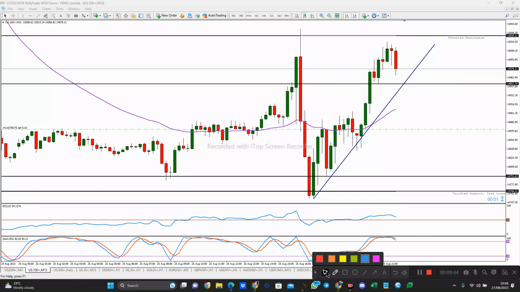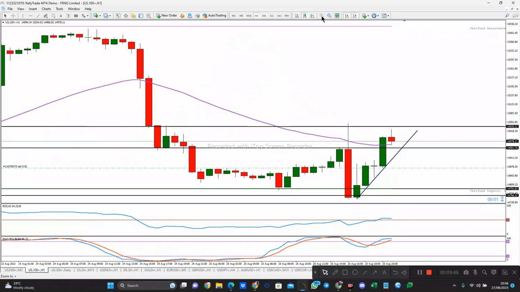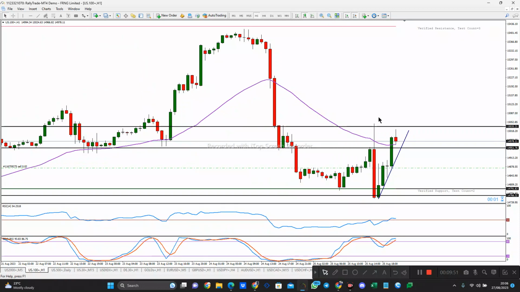Sometimes I use Fibonacci to help me identify where the price is likely to retrace from. Now, for example, I talked about impulse and retracement. So this is an impulse, a retracement, impulse. Now, let me show us something.